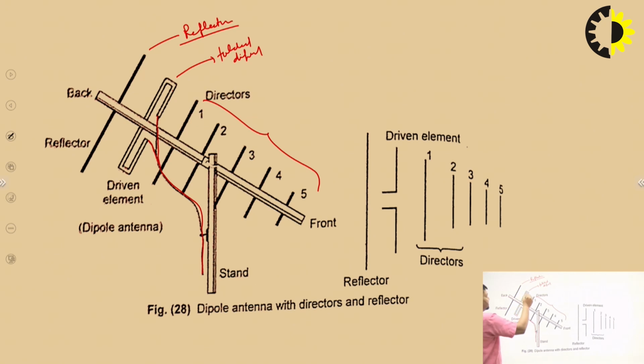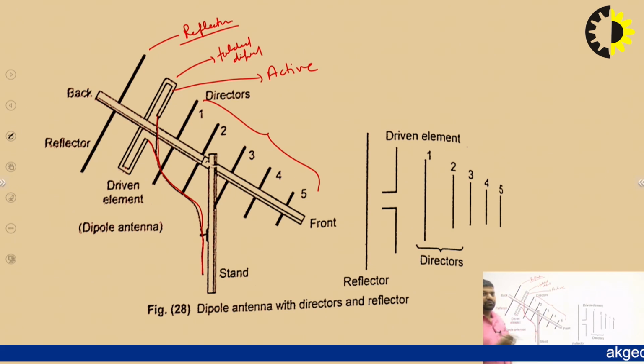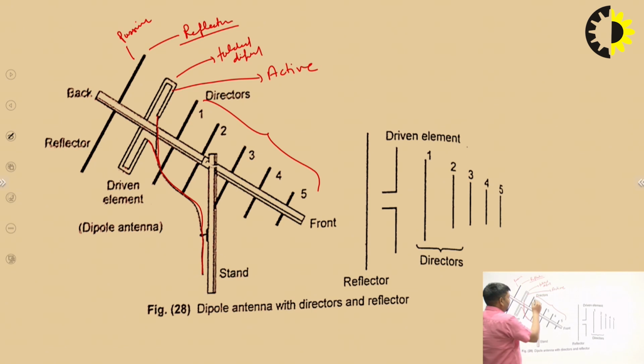We can say this is an active element because we give an input signal, or receive a signal, in the driving element, or folded dipole element. The reflector is also a passive element because we do not provide any input or take any output from it. Directors are also passive elements.